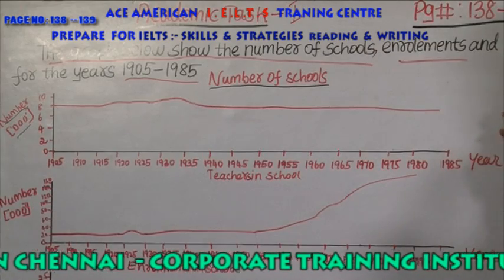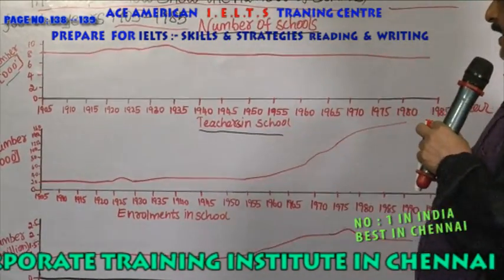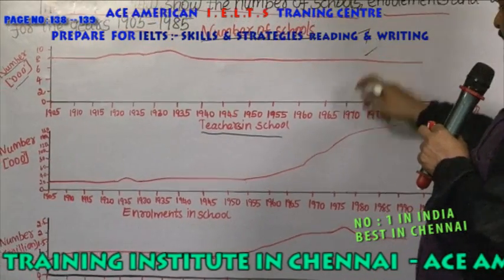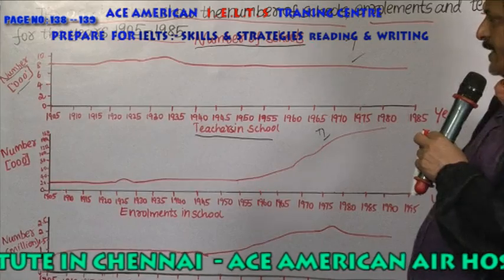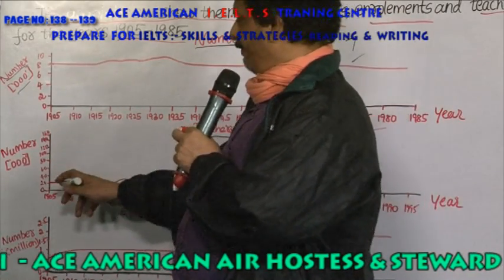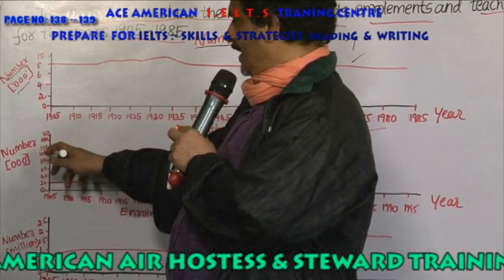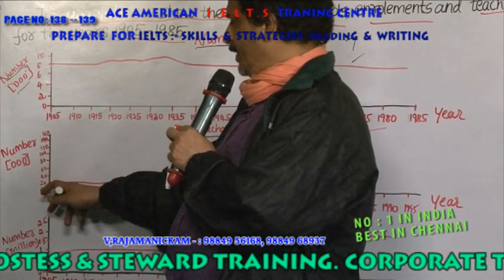Then coming here, teachers in school, the second graph. In the second graph, what do you see? Same as before, on the x-axis you have all the years, and on the y-axis you have a number in thousands: how many staff there were. 20,000, 40,000, 60, 80, 100, 120, 140, 160. In 1905 you find only 20,000 were there.